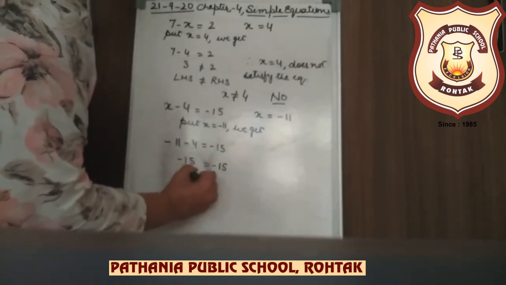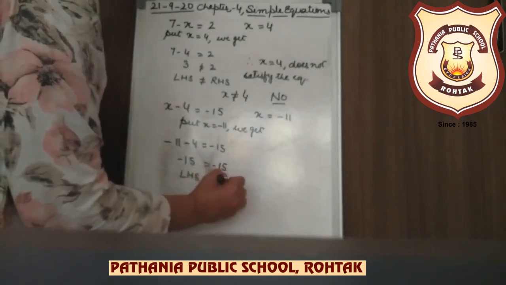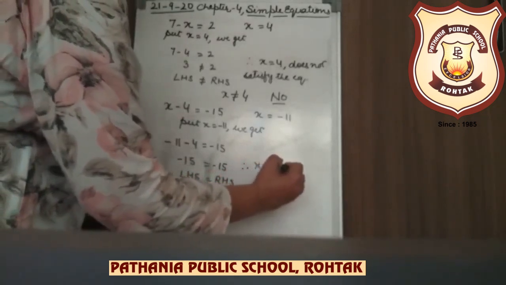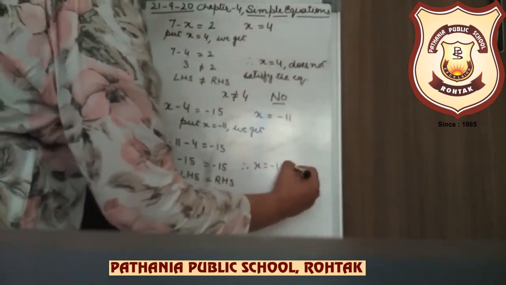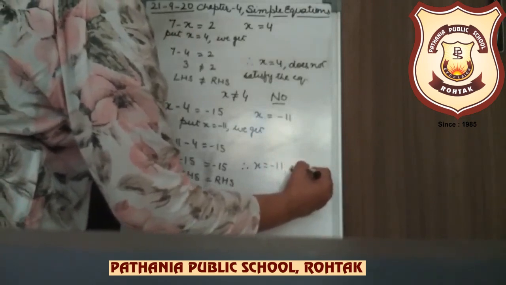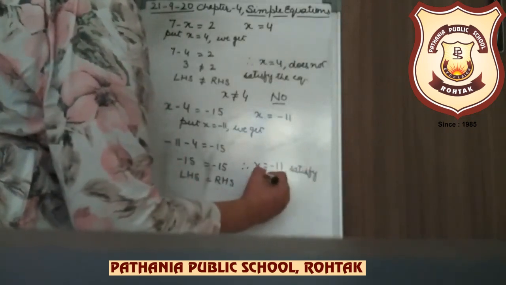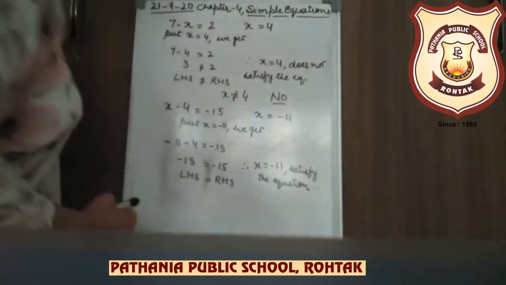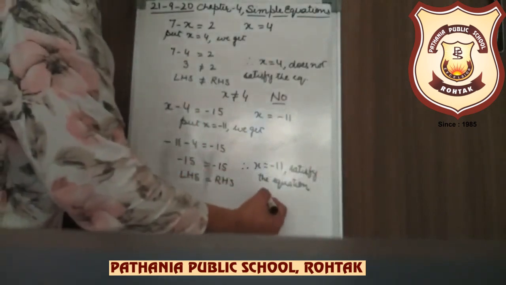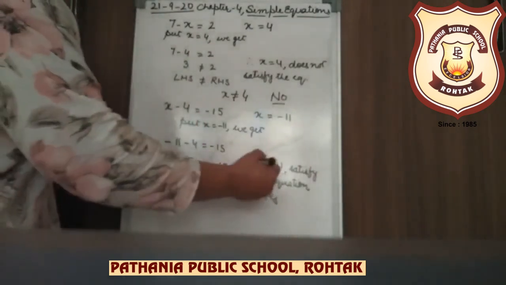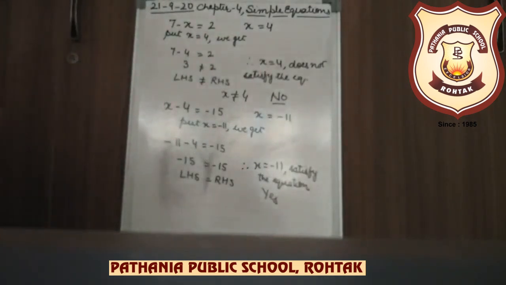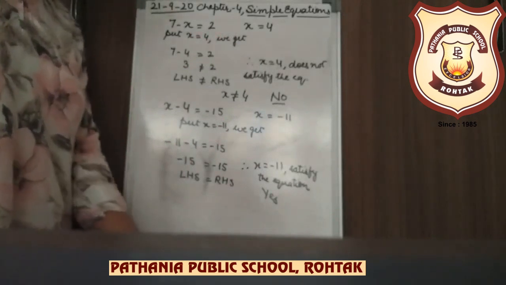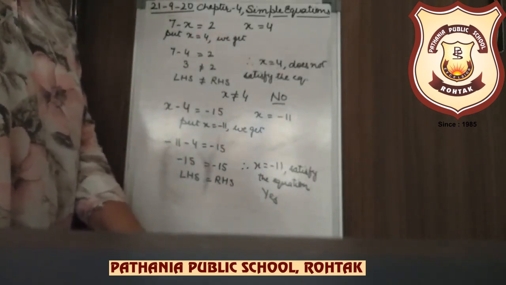So left hand side is equal to right hand side. Now you will write, therefore x is equal to minus 11 satisfies the equation. Is that clear? And if they simply say write yes, you write yes. So both the sides are equal. Clear?